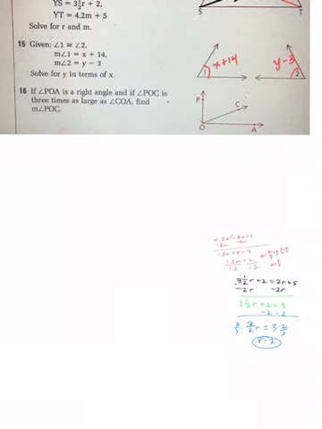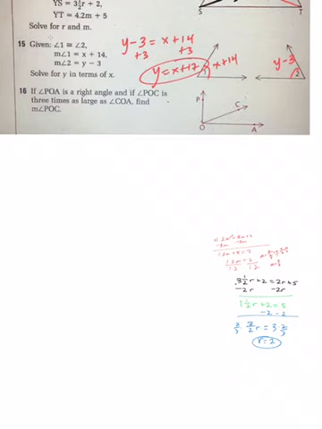Well, what I know here is that if these two angles are congruent, these angles are the same measurement. So let's set them equal. And I have to get this as an equation of y in terms of x. So I'm going to add 3. And there it goes.